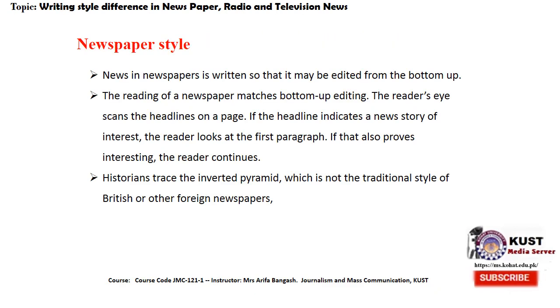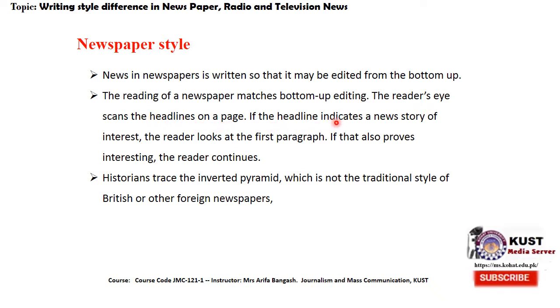So students, here is newspaper style. News in a newspaper is written so that it may be edited from the bottom up. As old editors like to say, a page is not made of rubber. It does not stretch. What does not fit is thrown away. The reading of a newspaper matches bottom-up editing. The reader's eyes scan the headline on a page.